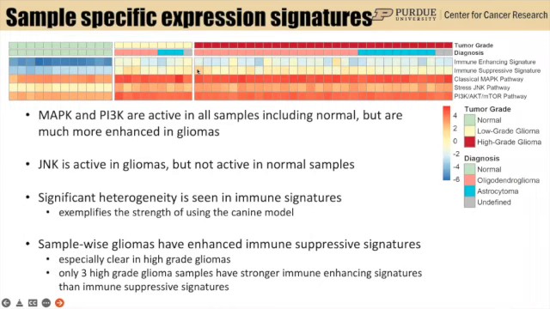Pretty much across the board, only a few glioma samples have a stronger immune enhancing signature than suppressive signature. So what we're really seeing here is what's been suggested in the literature: we do have immune cell infiltrates in gliomas, including CD4 positive T cells and CD8 positive T cells, but we're seeing a lot of immune suppression occurring. That could be part of the reason why some of the immunotherapies are not successful in treating gliomas.